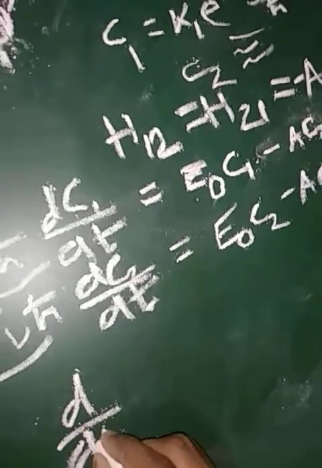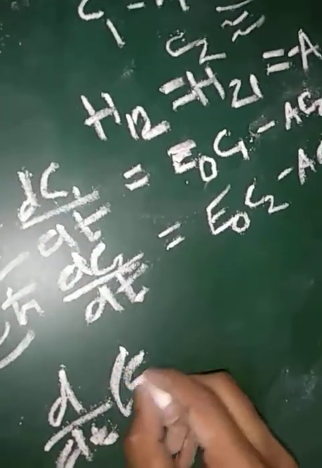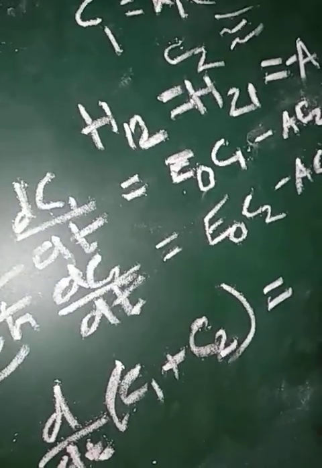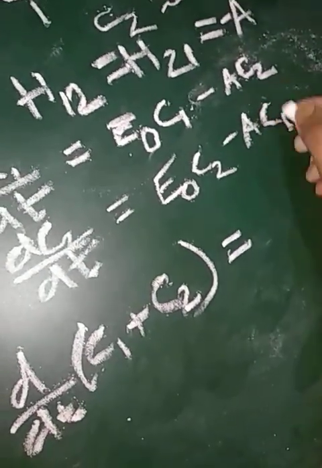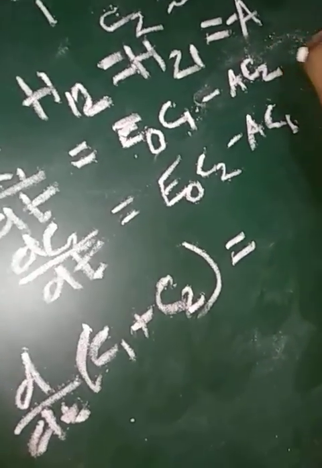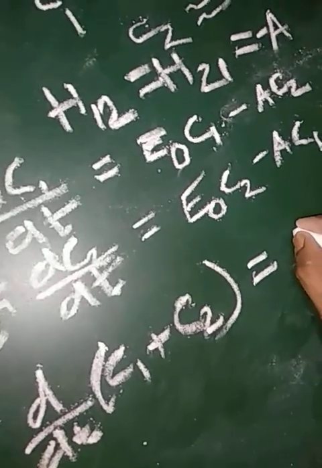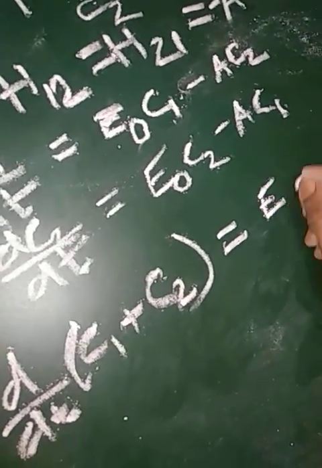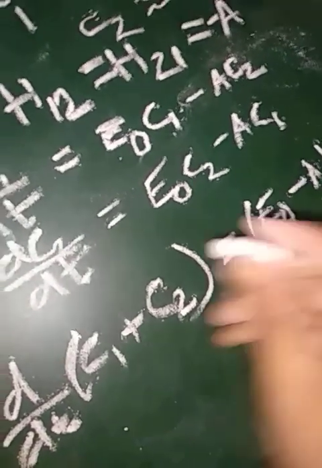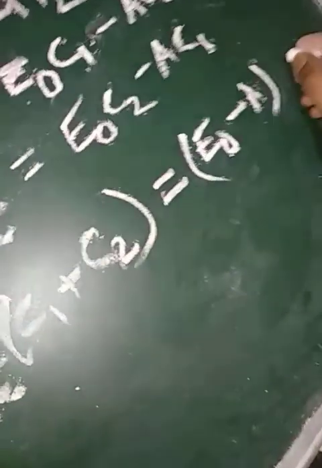We just sum them, C1 plus C2. This gives us, so it comes as E naught minus A times C1 plus C2.